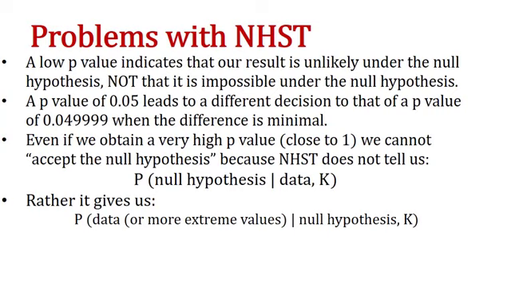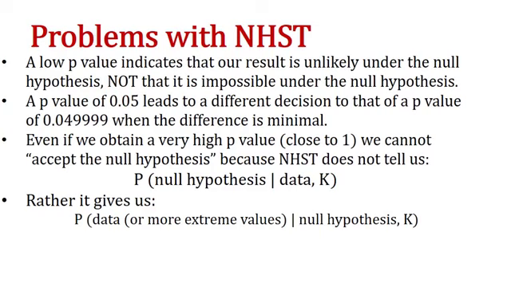One of these is that a low p-value indicates that our result is unlikely under the null hypothesis, not that it is impossible under the null hypothesis. And you may think that, well, if the p-value is very small, obviously it's not impossible, but is it not enough that it is unlikely? Well, the problem here is that we never test the alternative hypothesis, because the alternative hypothesis may be even more unlikely than the null hypothesis.